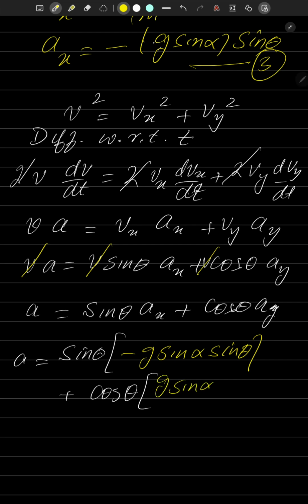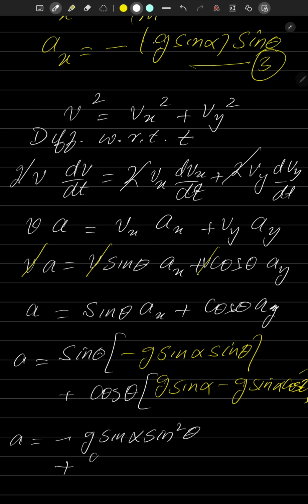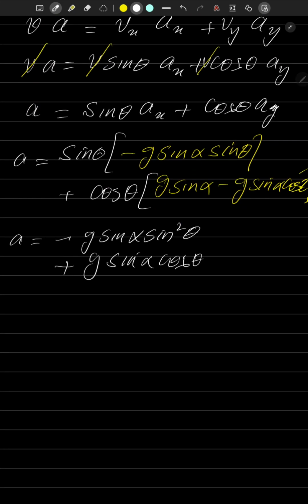We get g sine alpha minus g sine alpha cos theta. If we multiply it out, the net acceleration we are getting is minus g sine alpha sine square theta plus g sine alpha cos theta minus g sine alpha cos square theta.